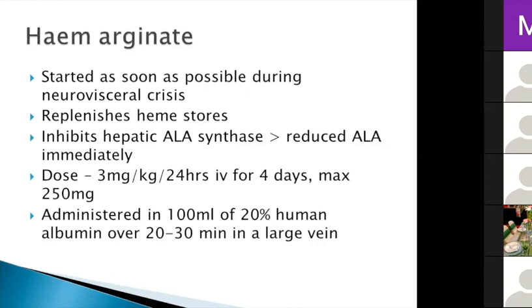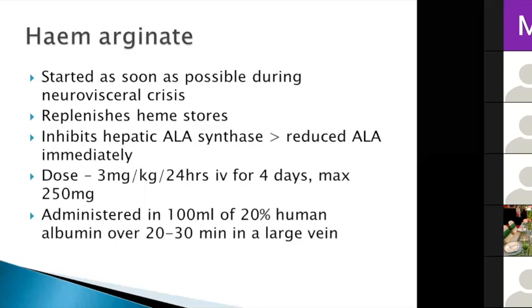So heme is a very important agent. Different studies say different things. Some studies say because of how expensive it is, we need to wait for 24 hours, and if there is no response from the general measures as well as the supportive treatment, then we may need to start heme.